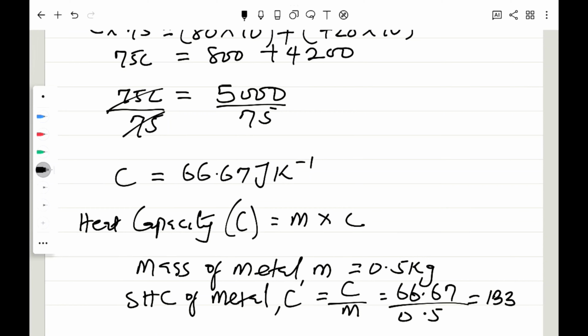We don't have space here, so let's rewrite it here: 133.33 joules per kilogram per Kelvin. This gives us our final answer.